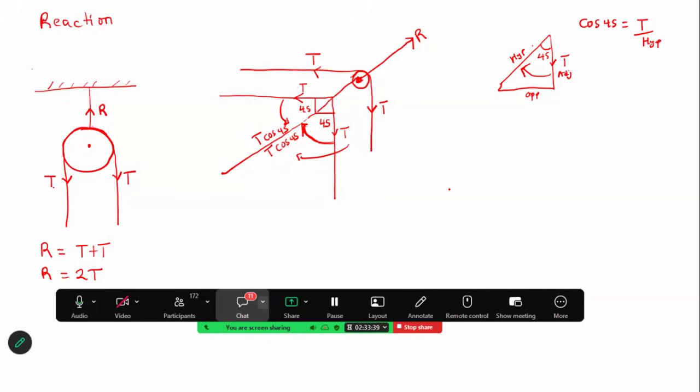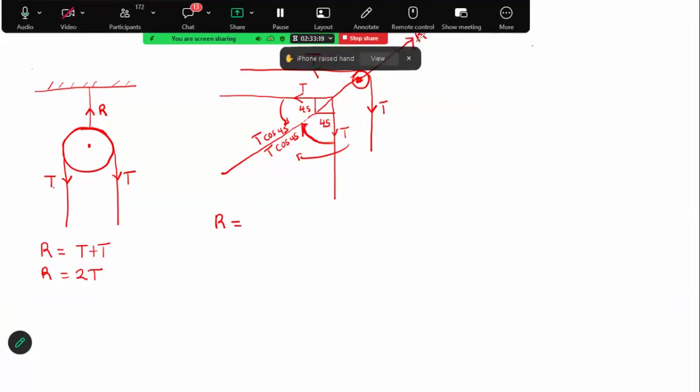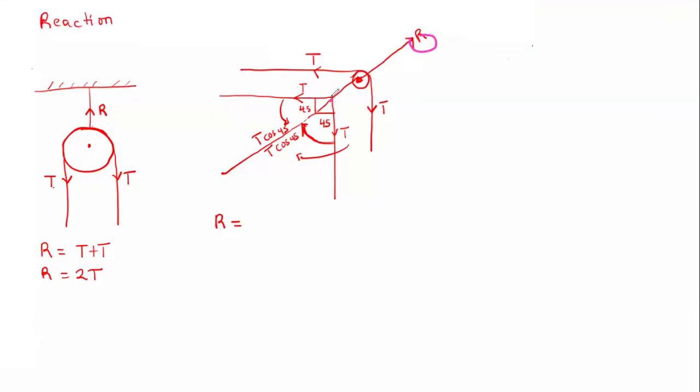Now, what do you need? Now you'll find out that our reaction R, what is it going to equal to? So our R is going to be these two forces. This R, are you seeing this? R is going to equal to these forces, because when you resolve, you note that this one is pointing this side.